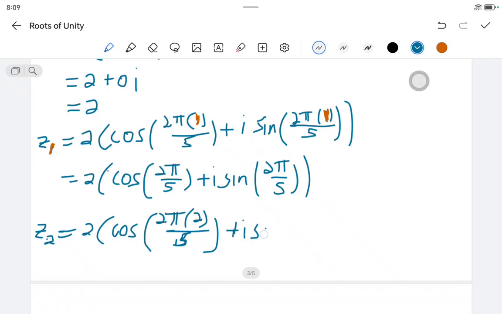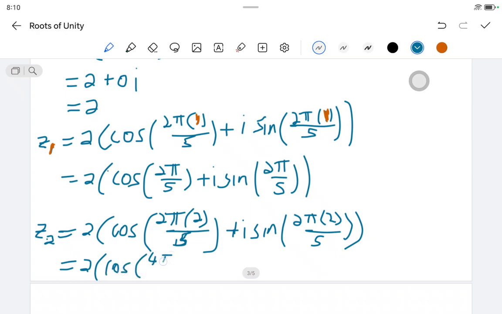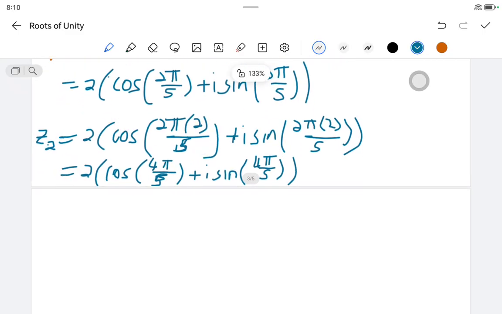Z of 2, 2 cos of 2 pi 2 over 5 plus I sine of 2 pi 2 over 5, which will be equal to 2 cos of 4 pi over 5 plus I sine of 4 pi over 5. And we can change this angle, because it's a little bit bigger.